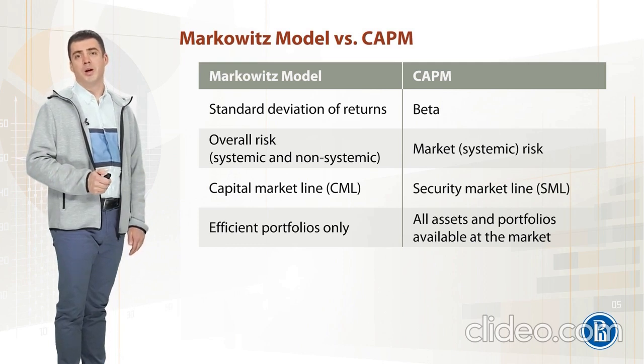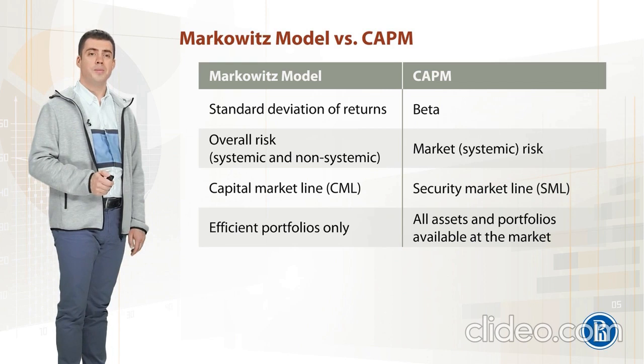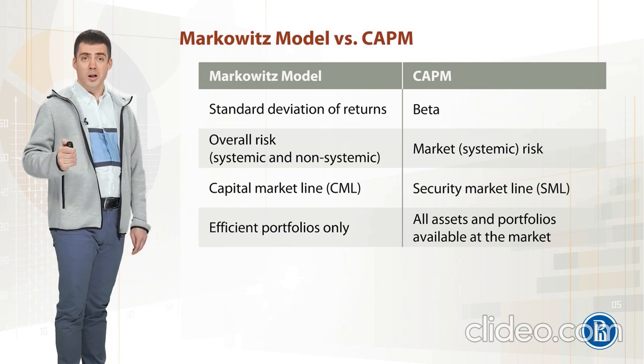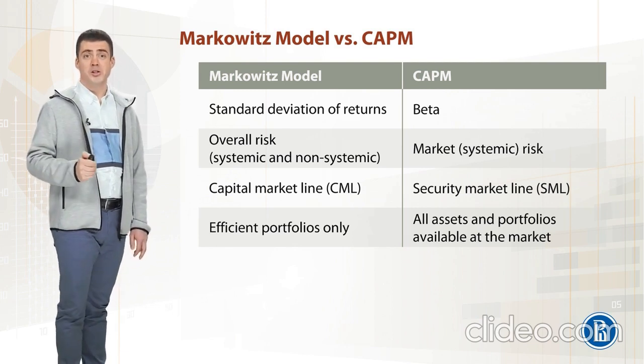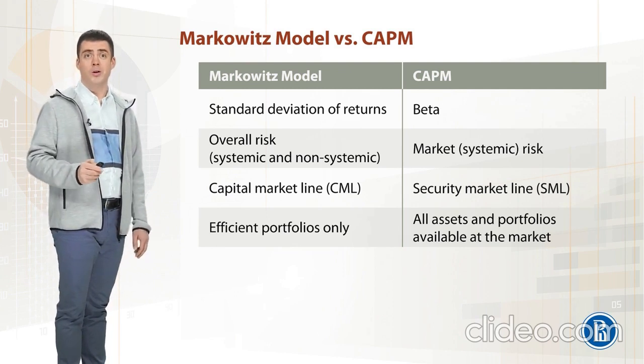However, the risk metric in the CAPM framework is beta, and this is the measure for market or systemic risk only. The CML, which is the efficient portfolio set in the Markowitz model, is the line where all efficient investments can be found, and each of these efficient investments is the combination of the tangency portfolio and the risk-free rate.